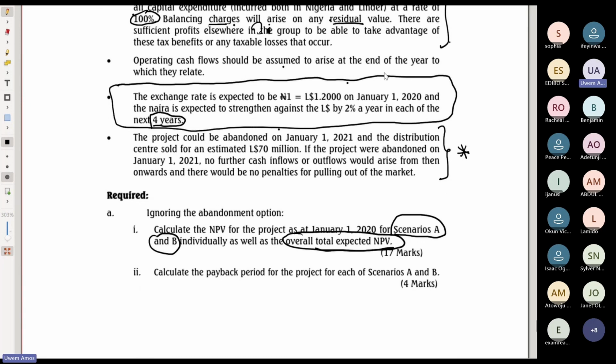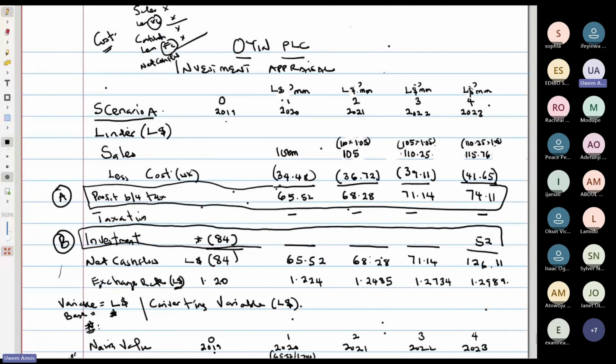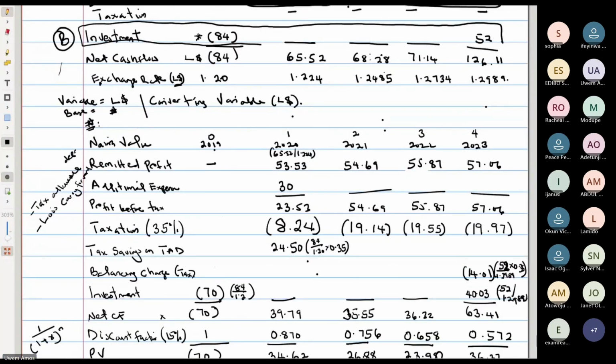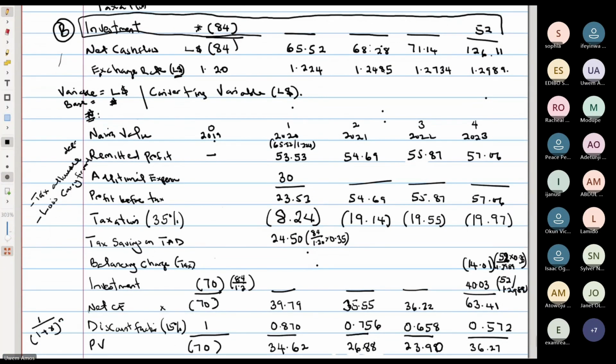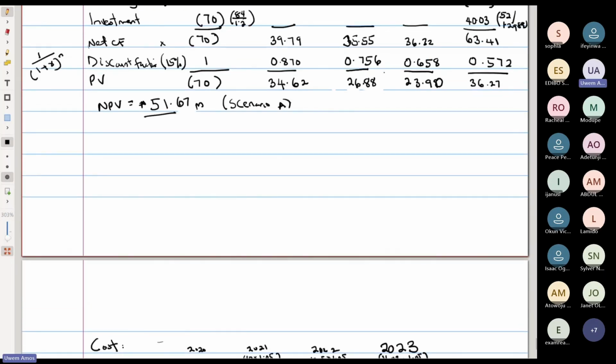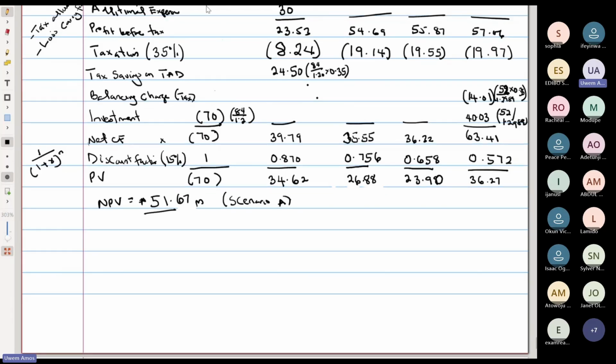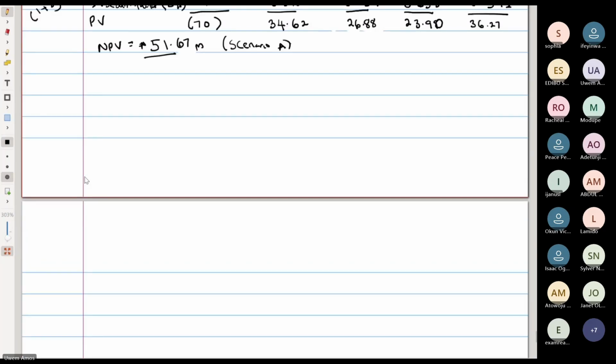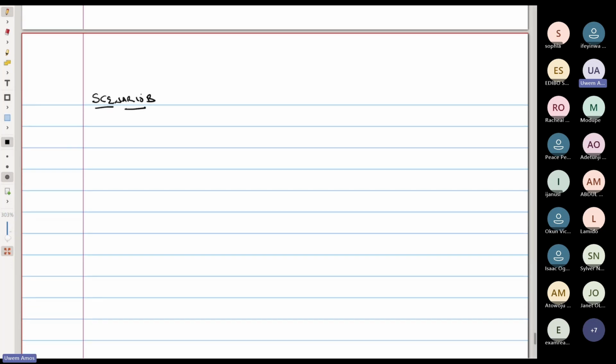So most of the things are the same. The only changes will be in the value. So let's go with our scenario B. The only difference would be where the value changes.